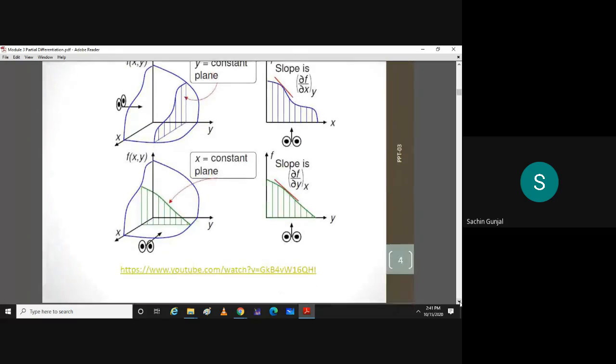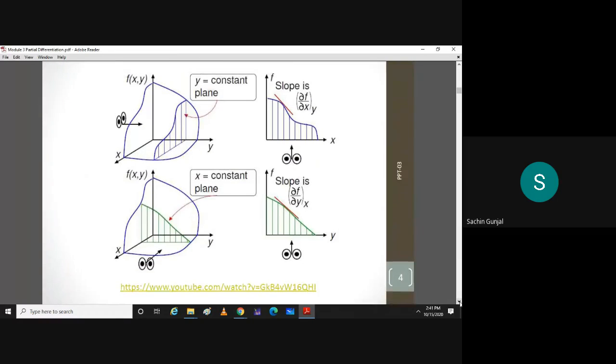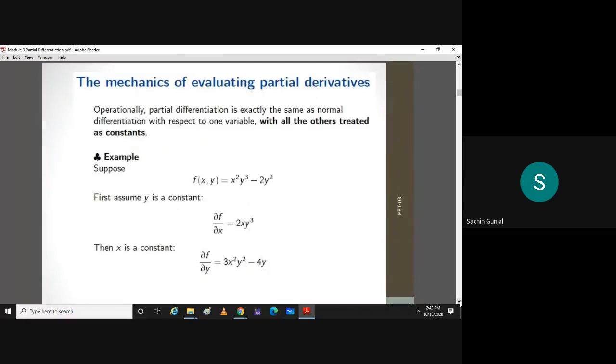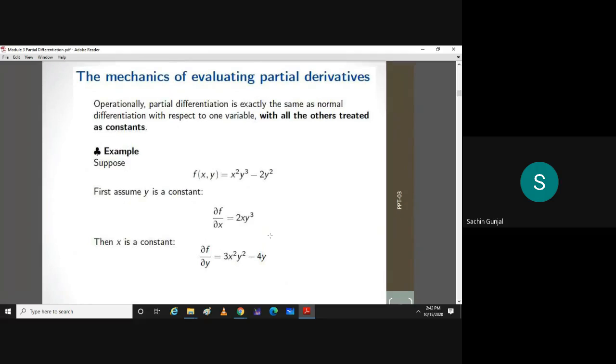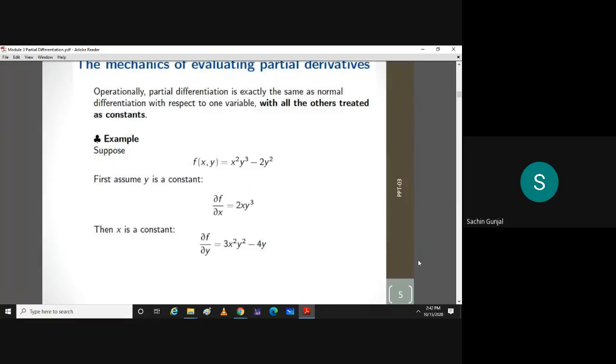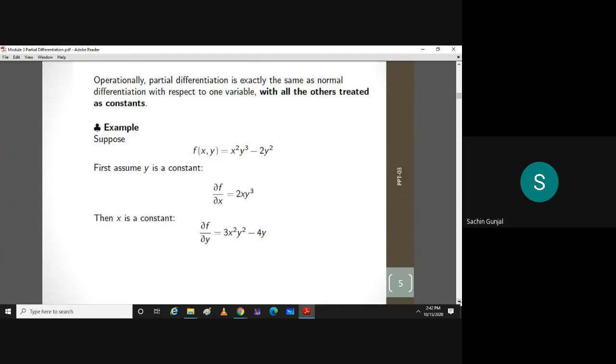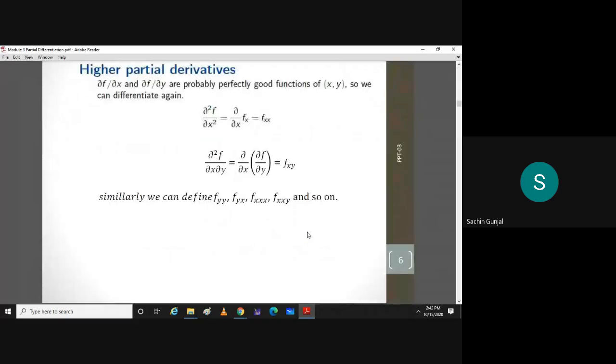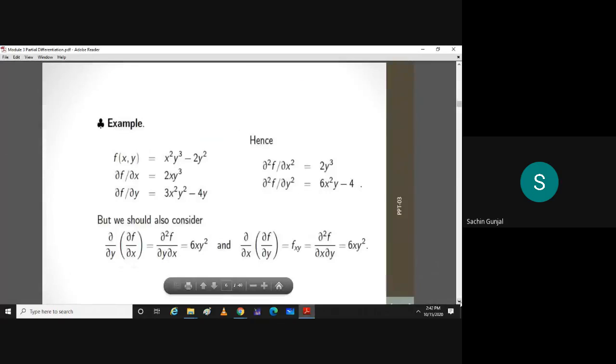Then we looked at the physical or graphical representation of this partial derivative, and then we were studying this example to find the partial derivative of first order and then higher order, or mixed partial derivative. So fxx, fxy, then fyy.